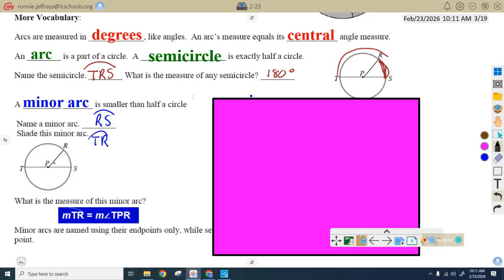And this is RS and this is TR. If we were asking what was the measure of the minor arc TR or RT, it is the same as this angle right here.